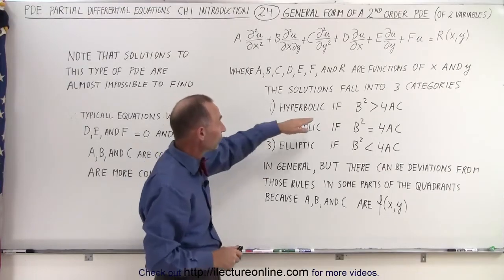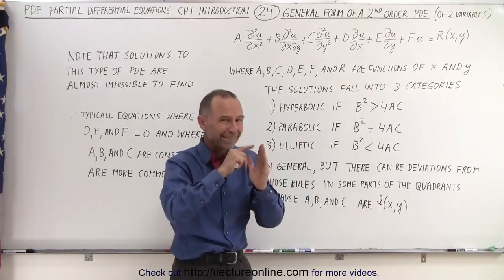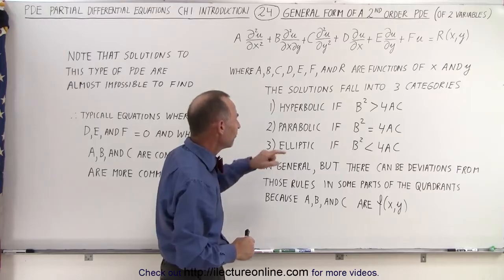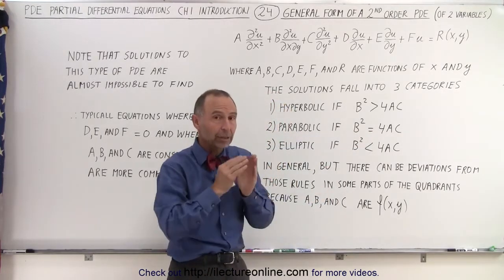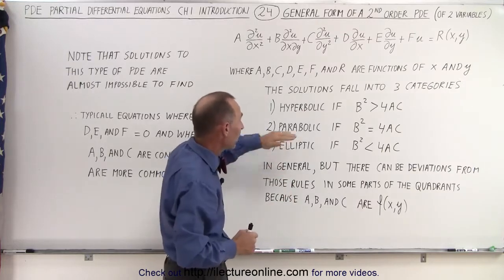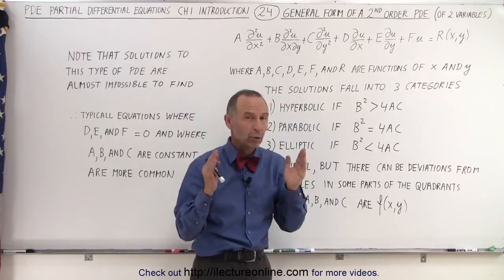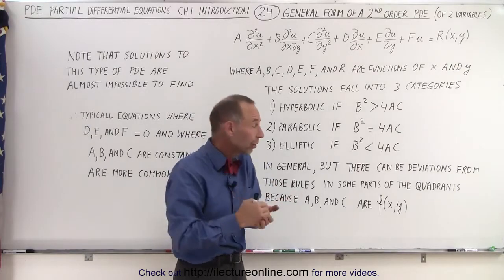And you can see that if the condition exists where b squared is greater than 4ac, where the quantity inside the radical is positive, we have a hyperbolic solution. If b squared equals 4ac, so that the portion underneath the radical becomes 0, then we have a parabolic solution. And if b squared is less than 4ac, when the quantity inside the radical is less than 0, then we have an elliptic solution.